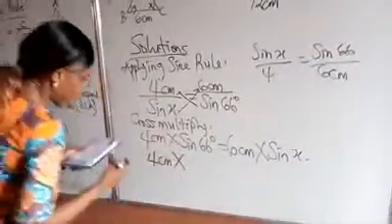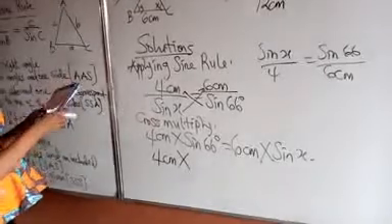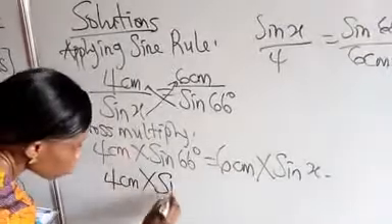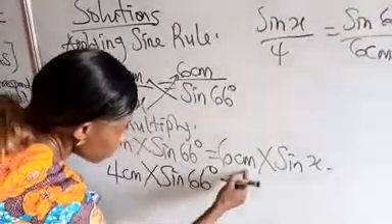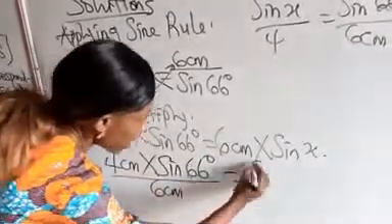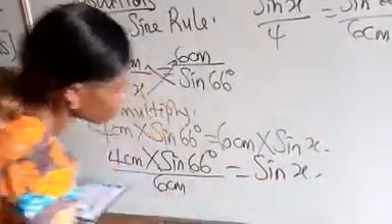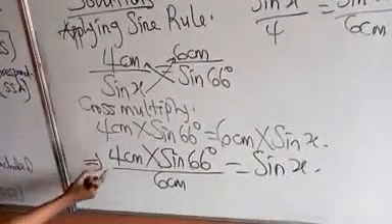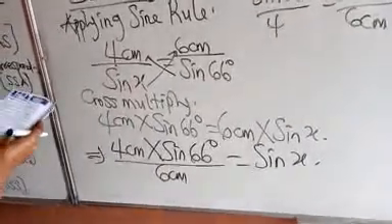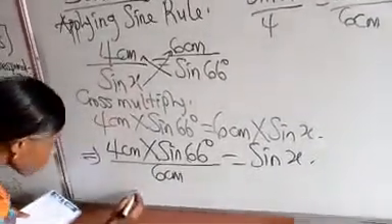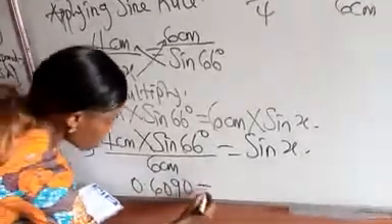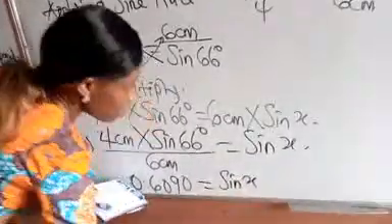Then sine x equals 4 cm times sine 66 divided by 6 cm, making sine x the subject of the formula. From your calculator, 4 times sine 66 divided by 6 will give us 0.6090, which is equal to sine x.